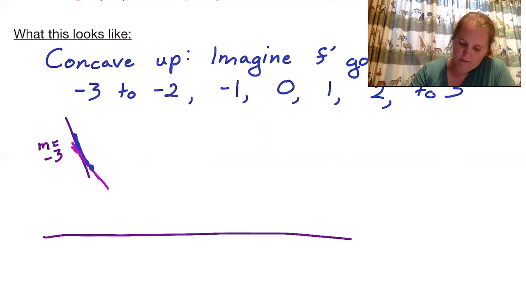So we're flattening out a little. That was m equals -2, or f prime equals -2. And now let's go to -1. And again, that just means that we're flattening out a little more. Go to 0.